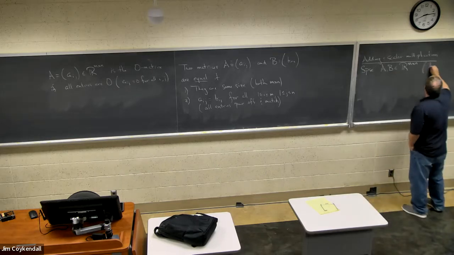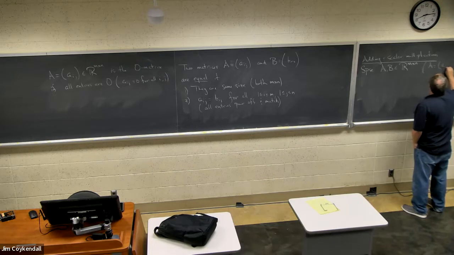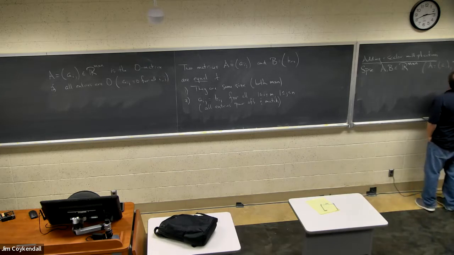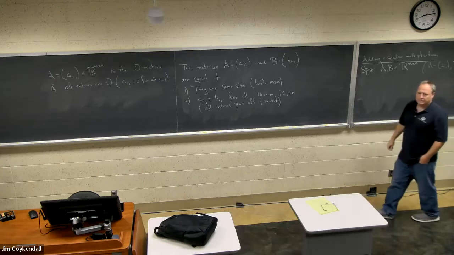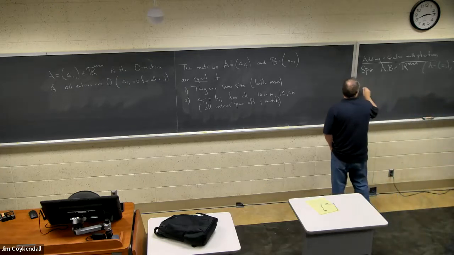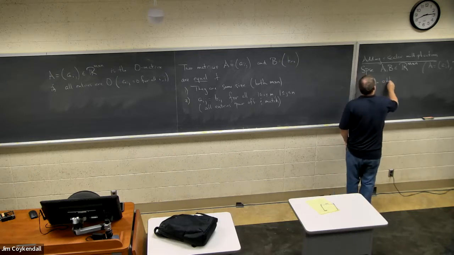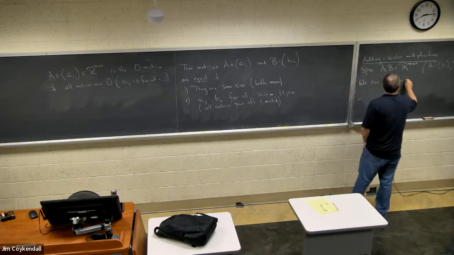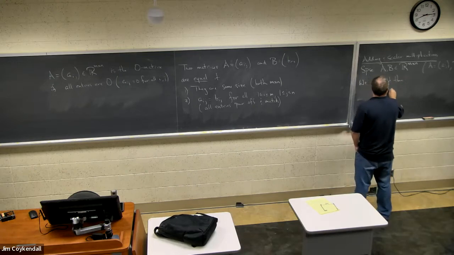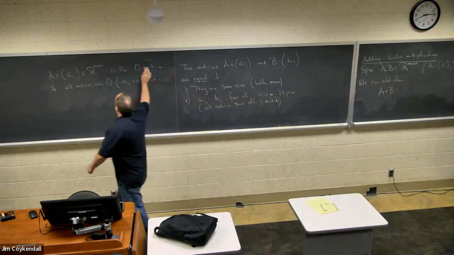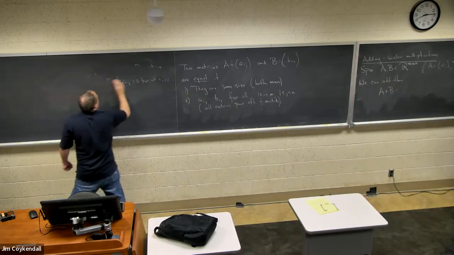Looks like A is Aij and B is Bij. Let me look at the example really quick. All right, it's sort of motivated.